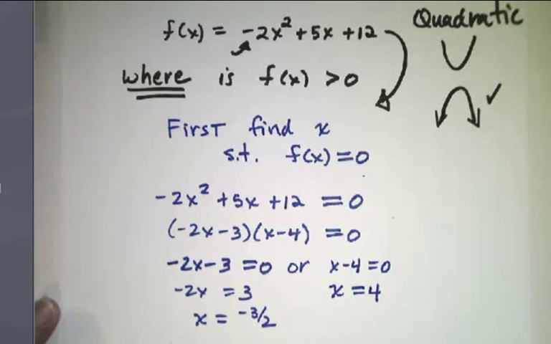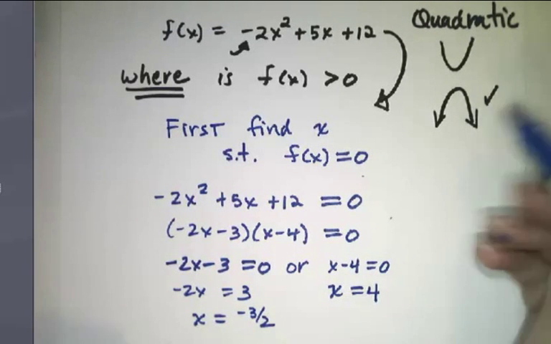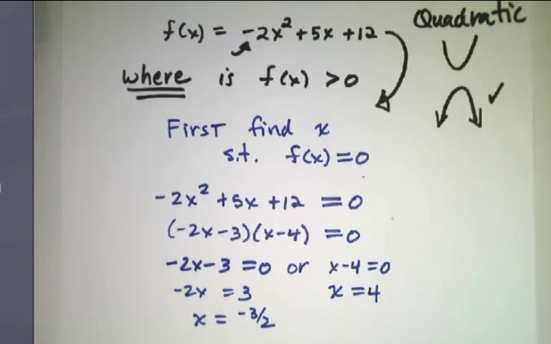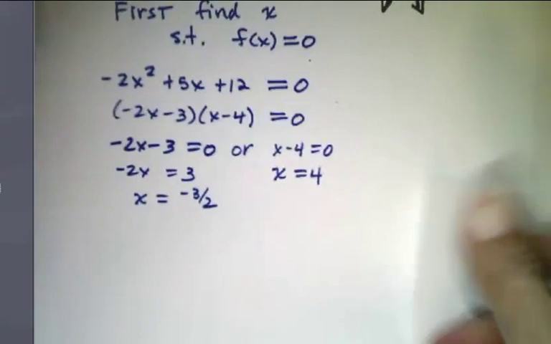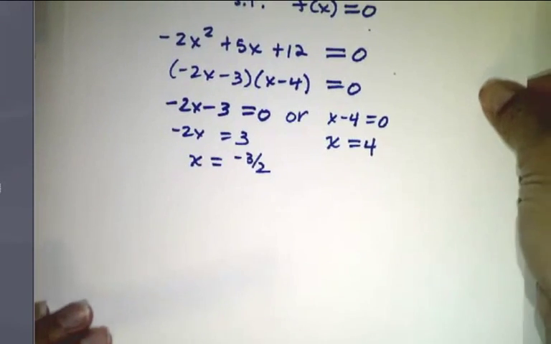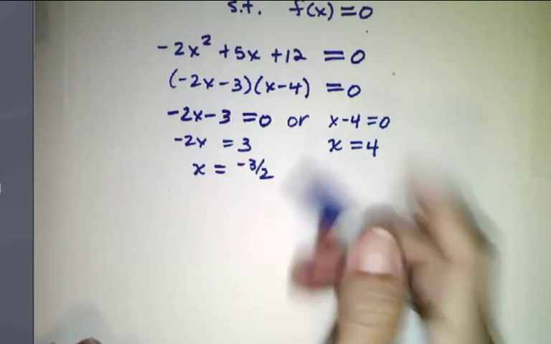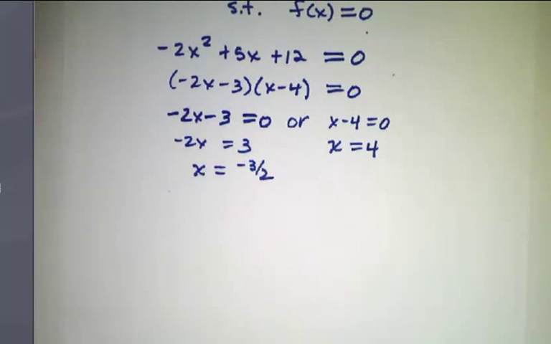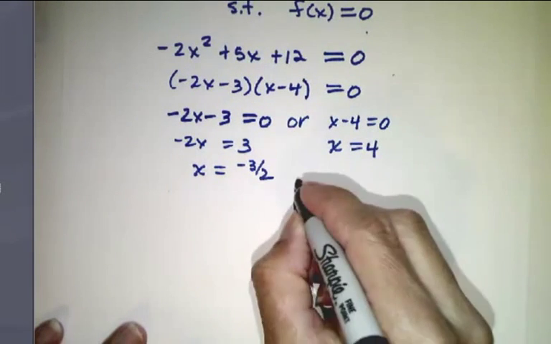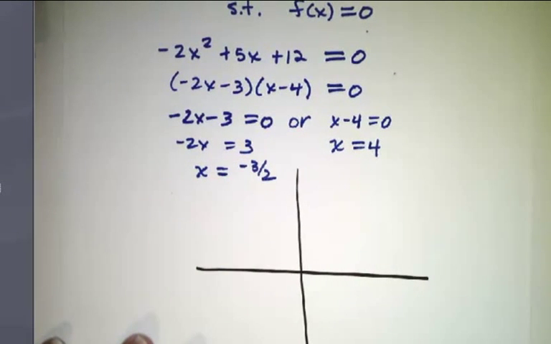Okay? So using the information of our zeros and the shape of our graph, we get a lot of information. Let's see if we can do a quick sketch of our function.